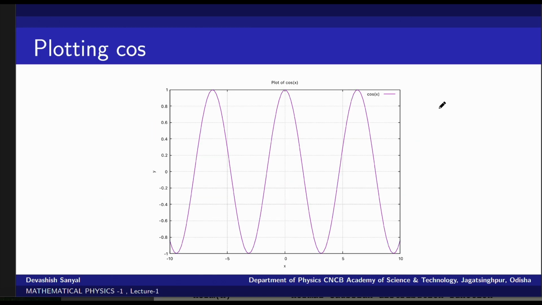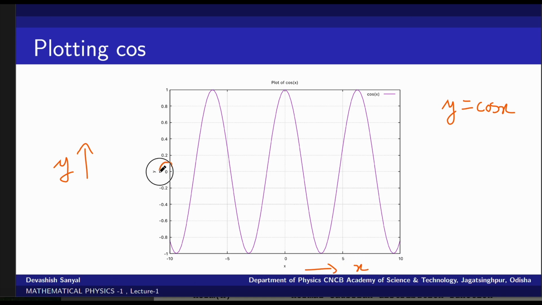Now we are plotting another function, y is equal to cos x. This is similar to sin x, but cos is a different function than sine. Here also you may not be able to see, but this is my y-axis, and this is my x-axis.